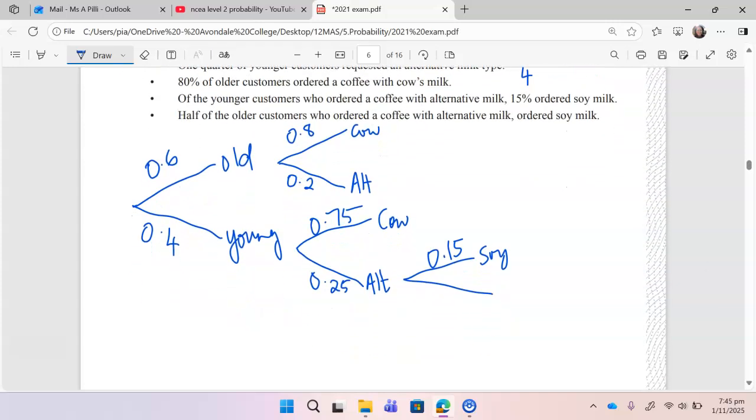So I'm just going to leave that as not soy and not assume that it's almond or coconut or oat or whatever. Half of the older customers who ordered a coffee with alternate milk ordered soy. So that's 0.5, which makes not soy 0.5 as well.